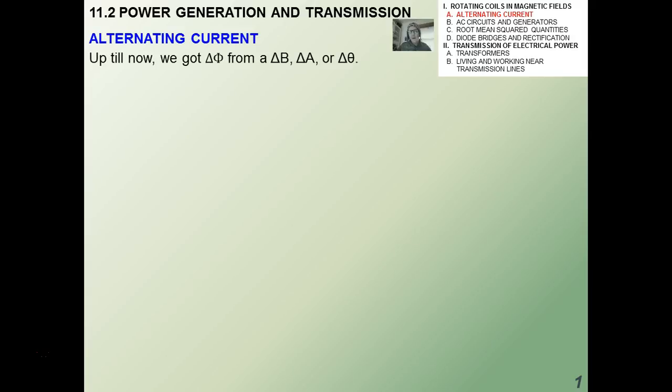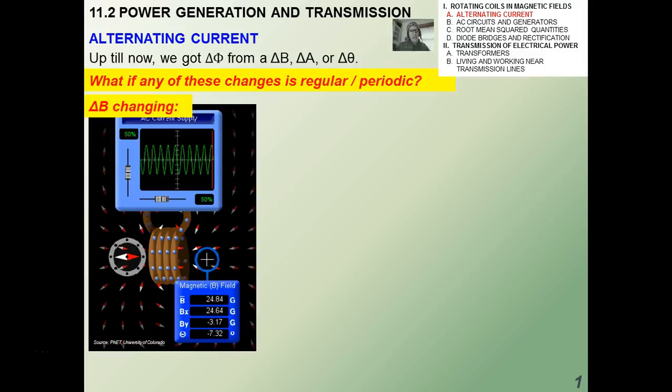Now, up until now we've had a changing flux from either a changing B field, changing area, or a changing theta. We're not going to consider a delta N in this case because it's not really that practical. Now the question is, what if any of these changes is regular or periodic, meaning it has a frequency and a period?